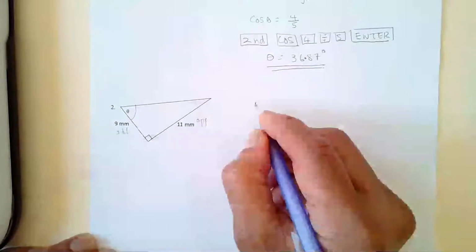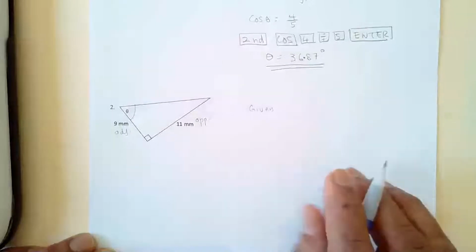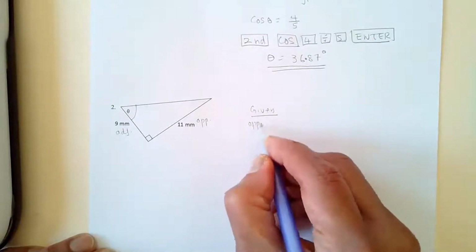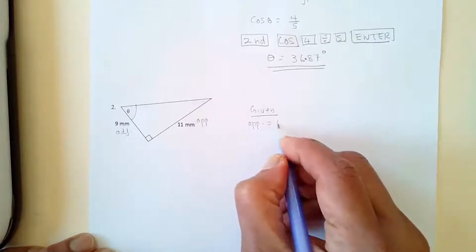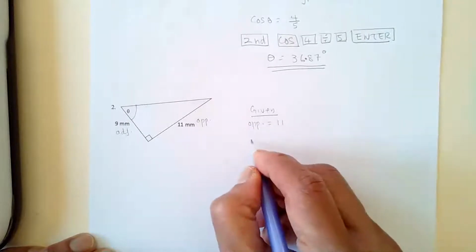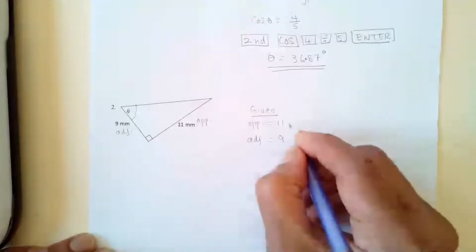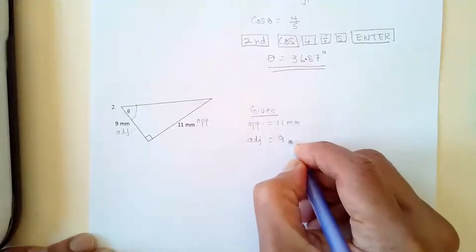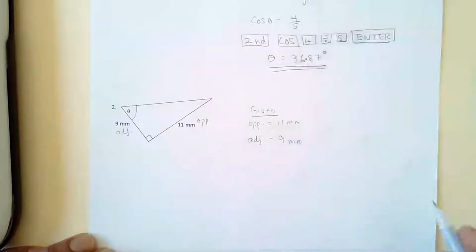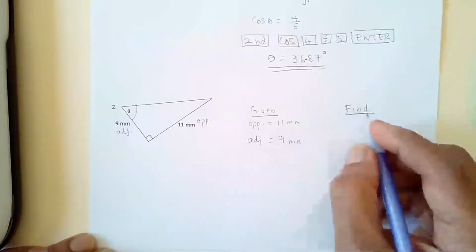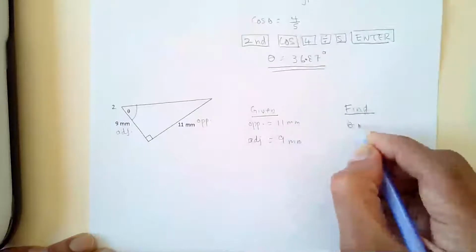So given opposite, which is equal to 11, adjacent, which is 9 millimeters, and we have to find theta.